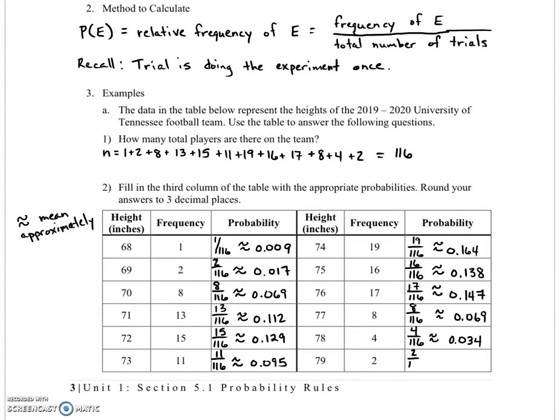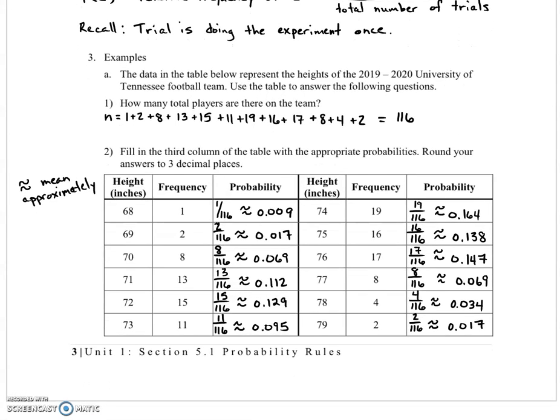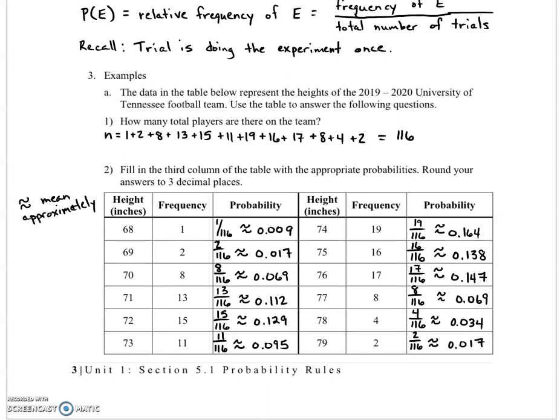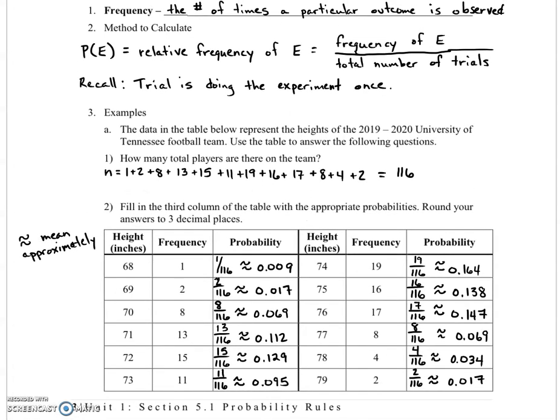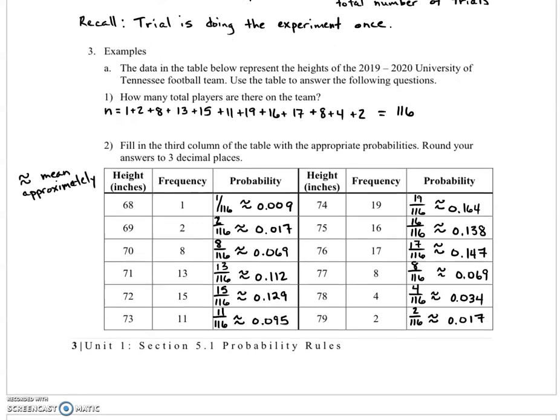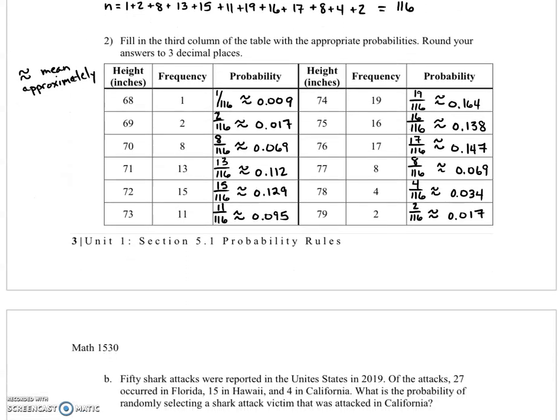And 2 out of 116 is approximately 0.017. So that was an example of an experiment. And our experiment was figure out how many people fall into each height category.